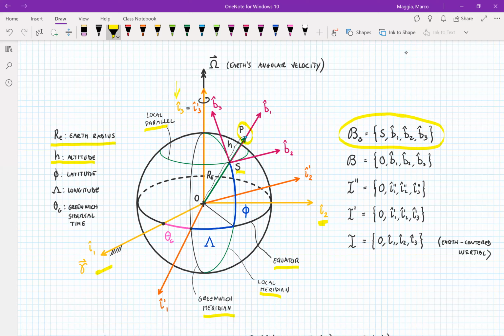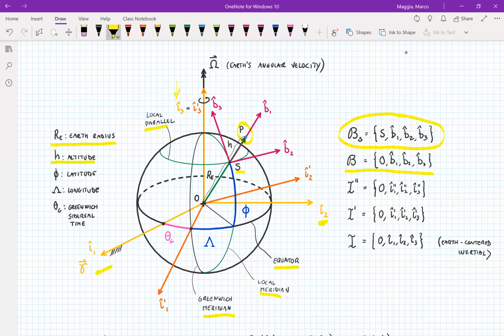So our new body frame of reference is going to be B centered at O, but the directions of B1, B2 and B3 are the same. I haven't drawn them starting at O, just because otherwise it would have been too cluttered.